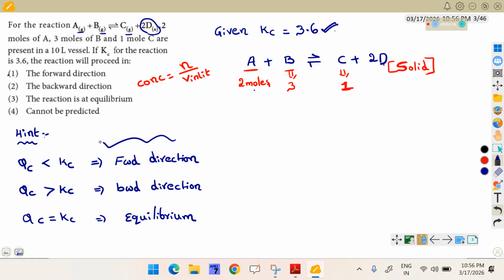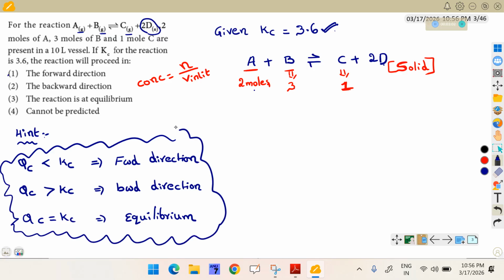Hint: if Qc is less than Kc, then the reaction proceeds in the forward direction. If Qc is greater than Kc, the reaction proceeds in the backward direction. If Qc is equal to Kc, the reaction is in equilibrium. How to calculate Qc? Qc is nothing but the same formula as Kc. Only consider gases: concentration of C by concentration of A into concentration of B.